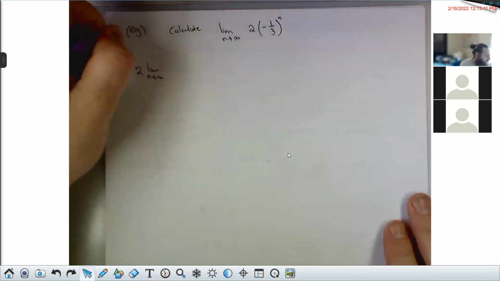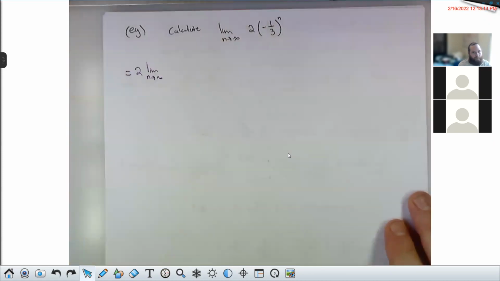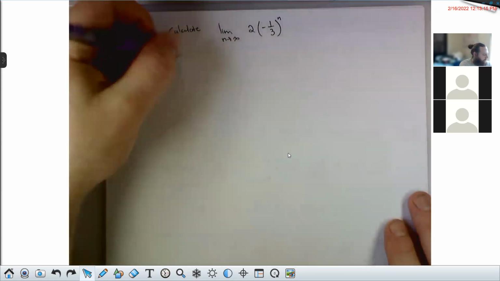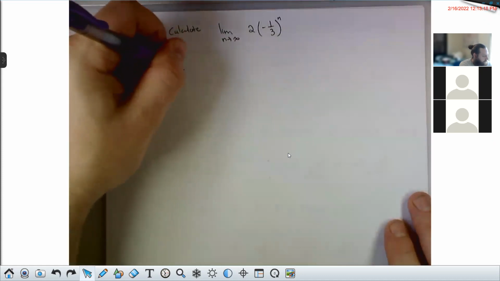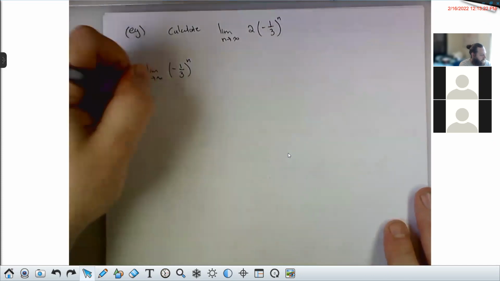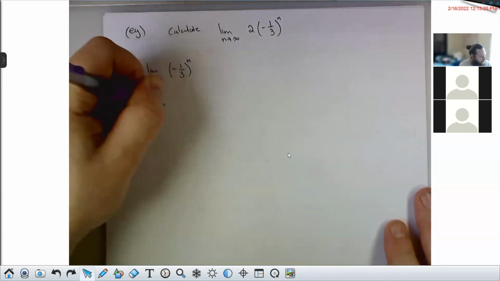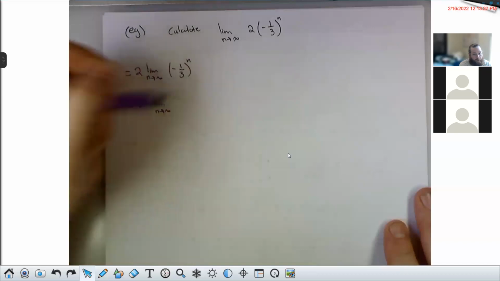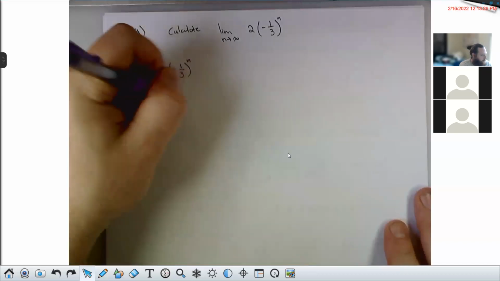first thing I notice is that I can pop out the 2. All right, the 2 is a constant multiple. And then what's left is (-1/3)^n. There's a bunch of ways you can think about -1/3.